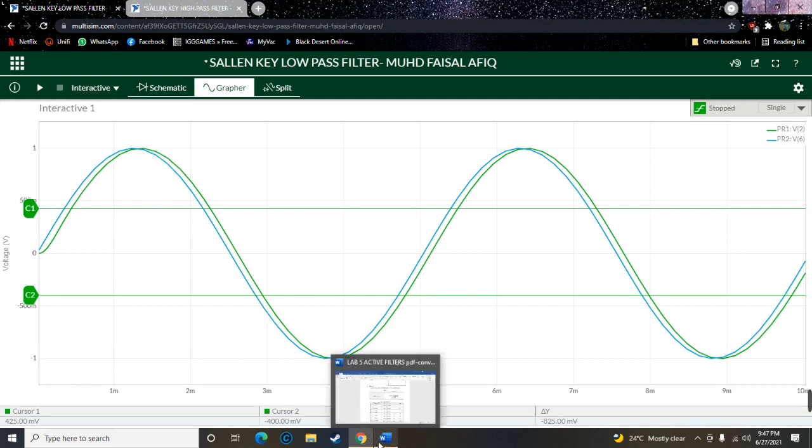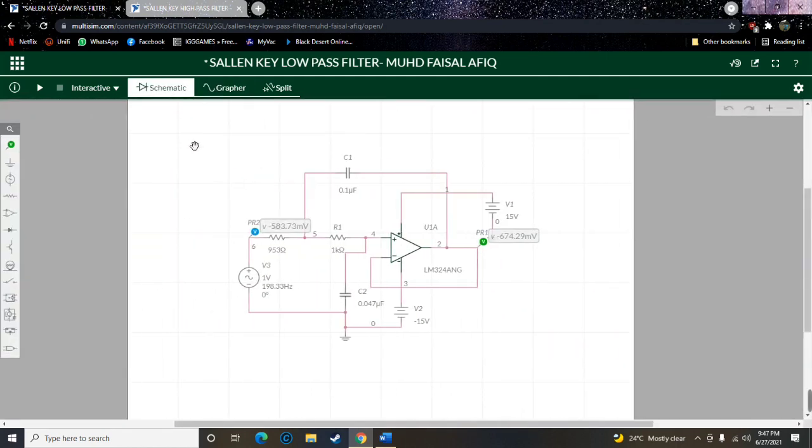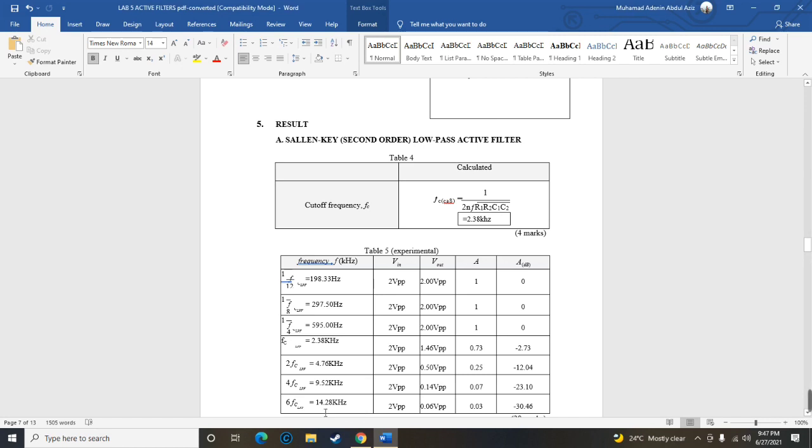So now let's try 40.2 kilohertz, the highest. We change the frequency.